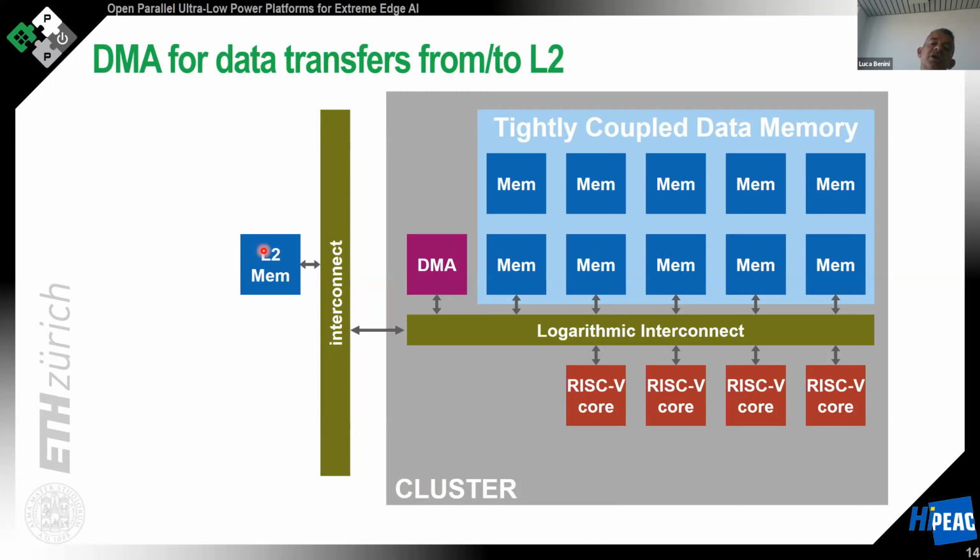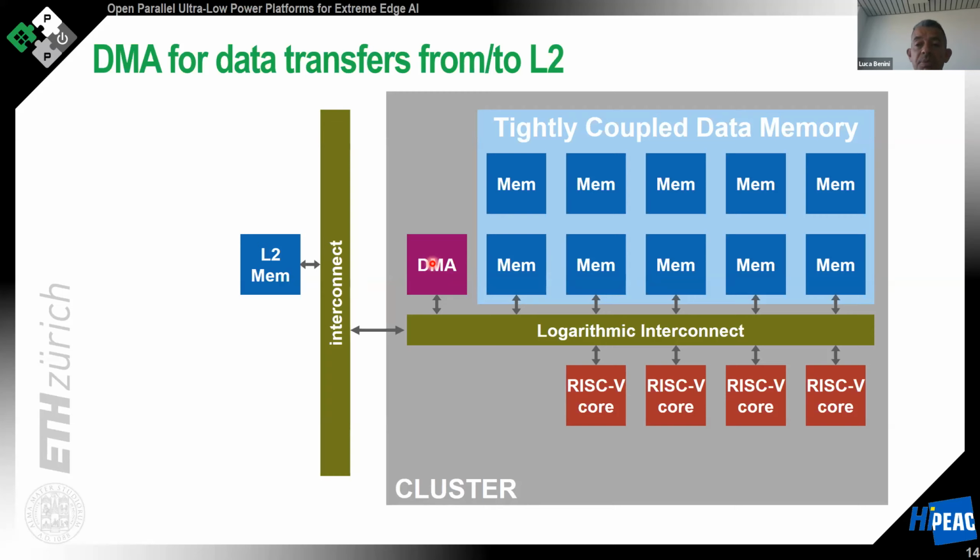Tag logic, tag comparison, and all the stuff adds a lot of overhead. So we decided to go for an explicit memory hierarchy, where you use a DMA engine, direct memory access engine, to perform copies from IOs or higher levels of the hierarchy to the inner shared memory in the cluster using a copy engine, a DMA engine.